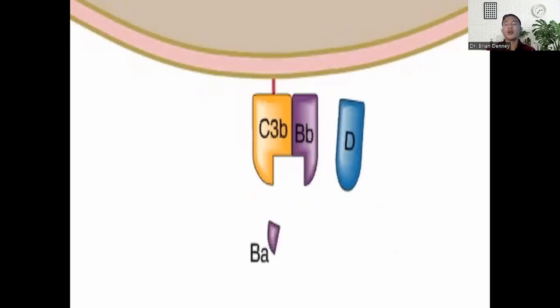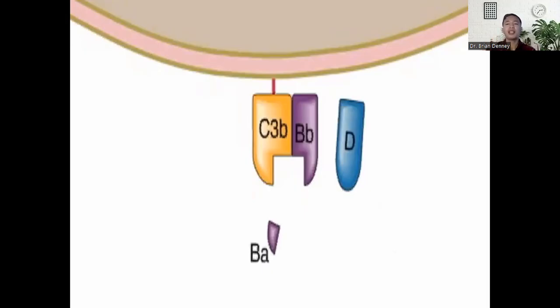This complex is also known as the C3 convertase of the alternative pathway. And so, what is the complement protein that it targets? Of course, from the name itself, C3. So it can actually cleave so many C3, but there is a but.